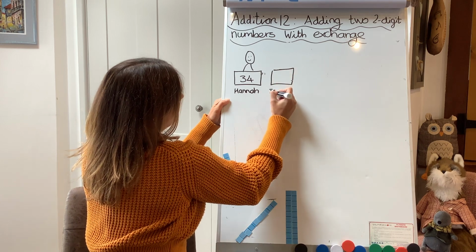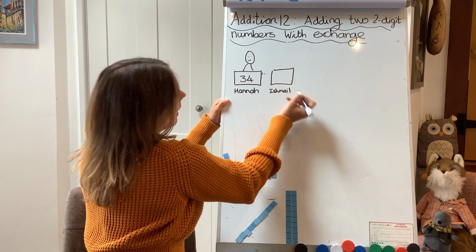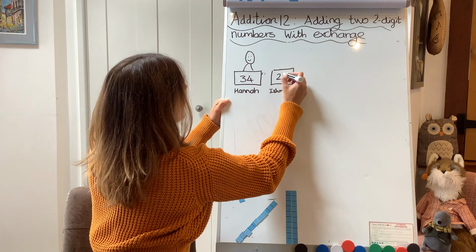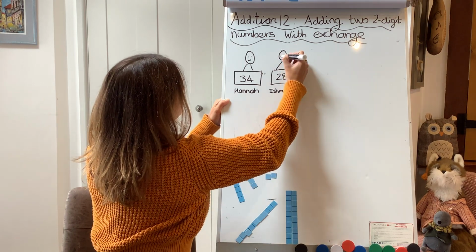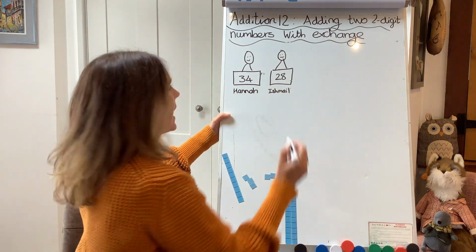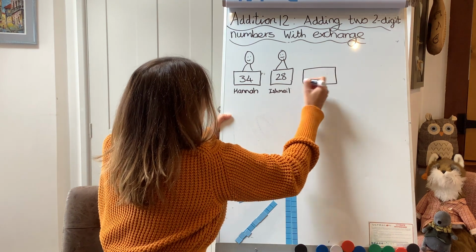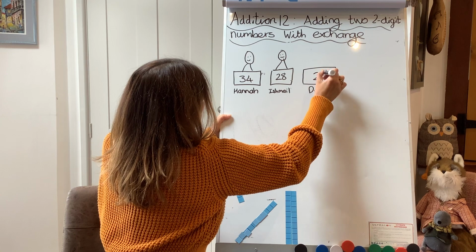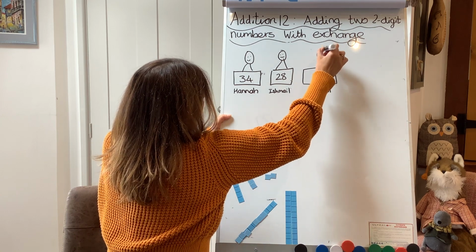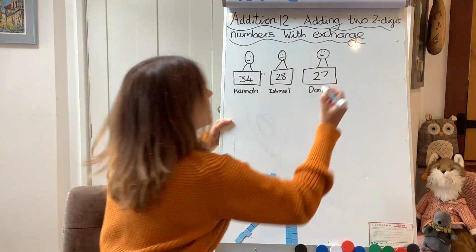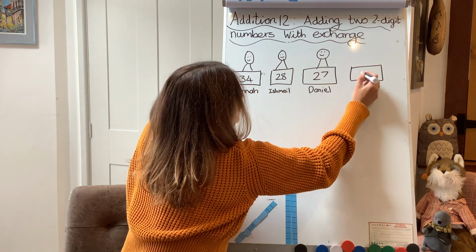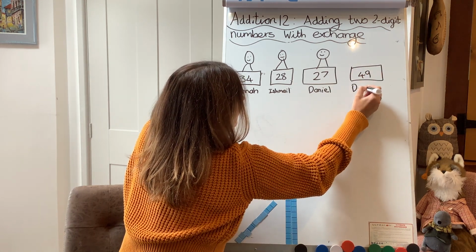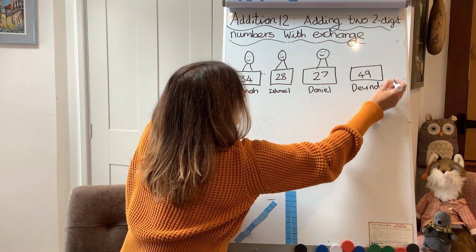We've got Ishmael, and he has scored 28. And we've got Daniel, who's just 1 less, 1 behind Ishmael, and he's got 27. And we finally got Devinder, who has scored 49. So have a think who's in the lead.